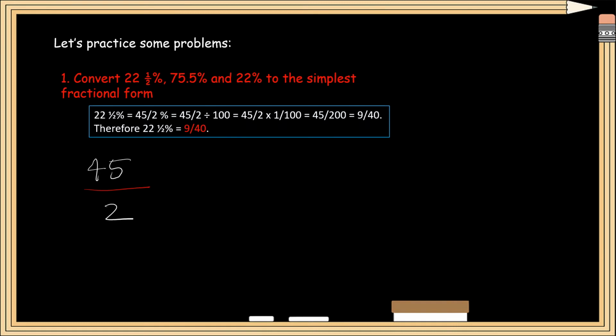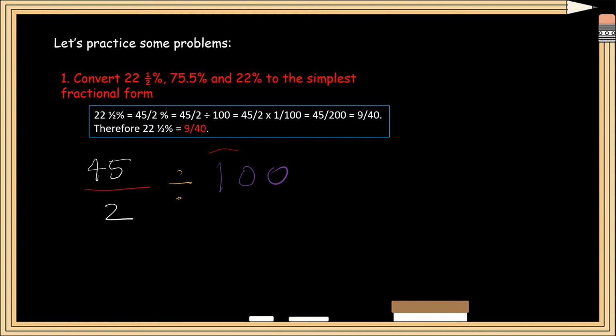Now we have to divide this by 100. As we learned in division of fractions, we find the reciprocal of the divisor.